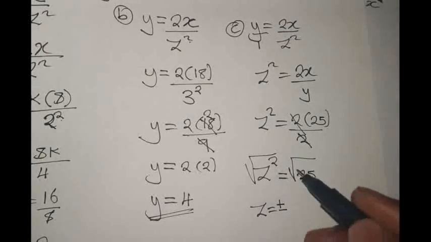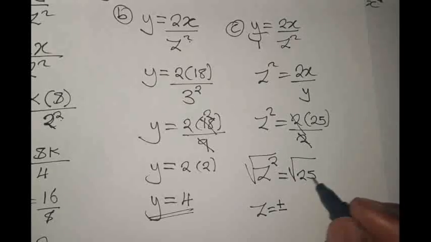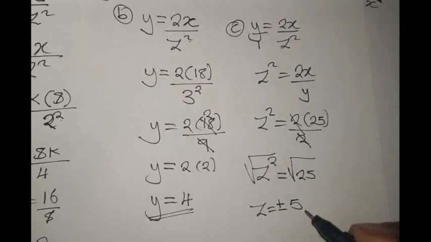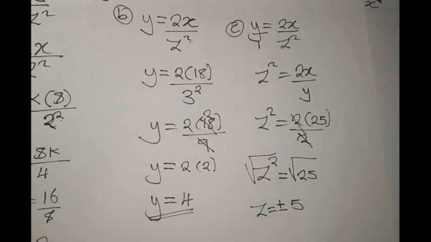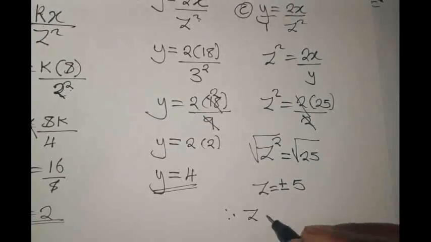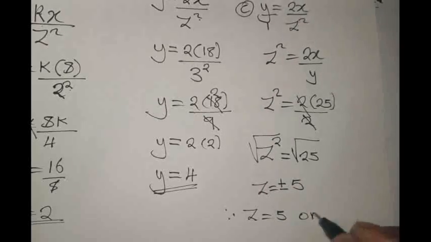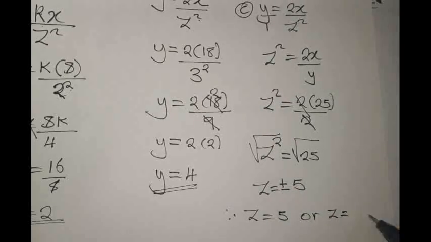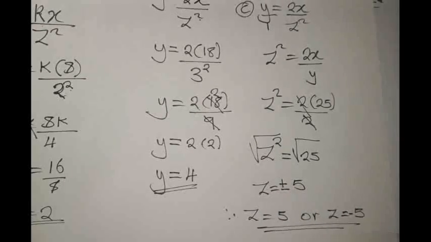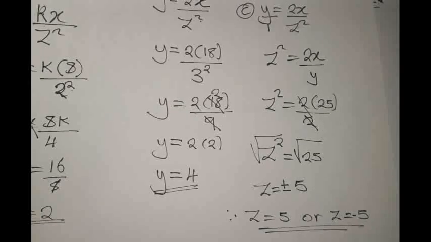Of course, when you find the square root of a number, it's plus or minus. The square root of 25 is simply 5. Now the final answer: therefore z will then be equal to positive 5, or z is equal to negative 5. You end there. That is how you solve this particular question.